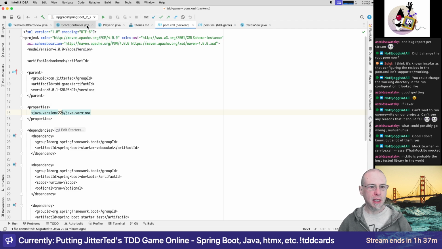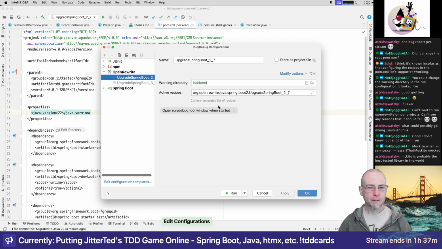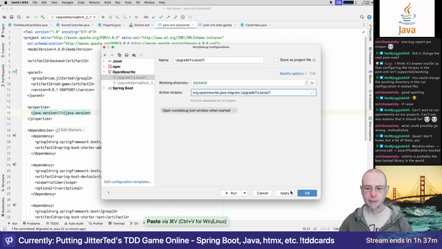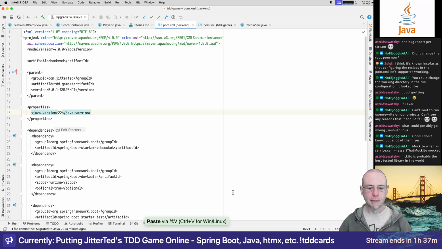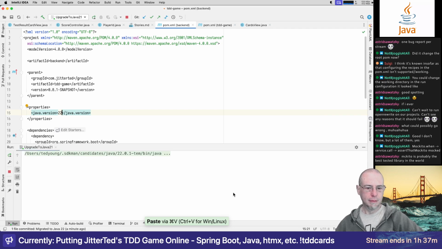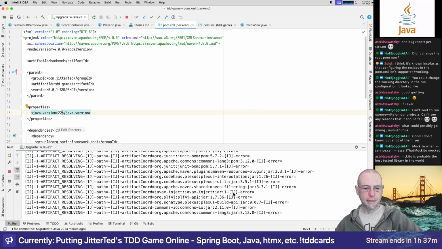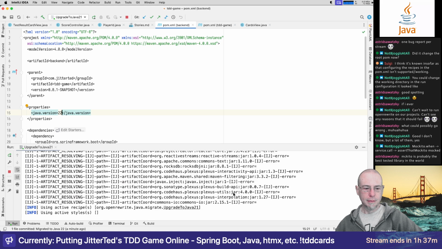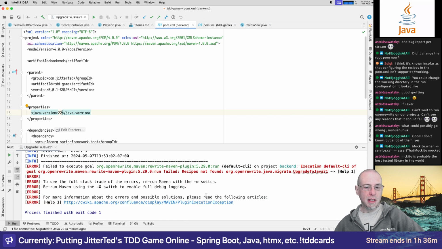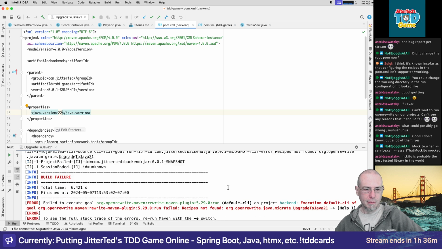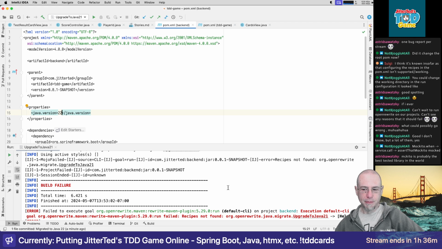Actually, let's go edit this one. Since I have so few dependencies, there's nothing to run. Recipes not found? What?